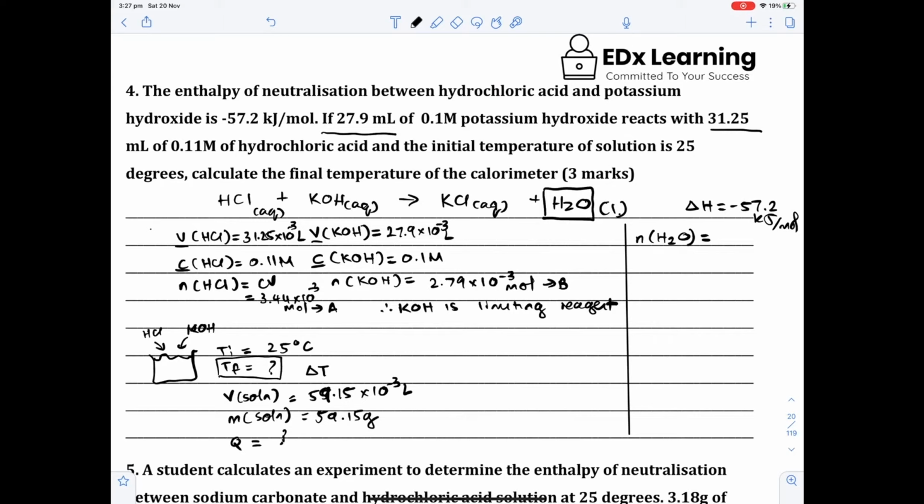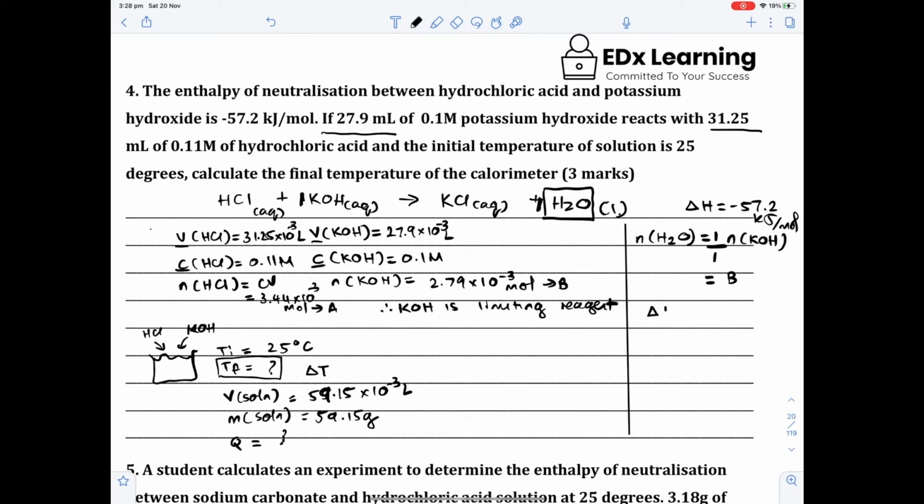There's a 1 in front of water, so we put a 1 there. What number is in front of the limiting reagent, KOH? 1. Then write number of moles of KOH. And that makes sense. For every 1 mole of KOH, there's 1 mole of water produced. Right? Good. So then we can say number of moles of water is also equal to B.